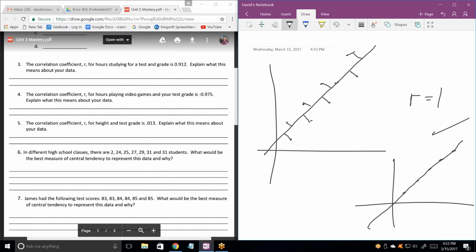In other words, the straight line does not go through all the dots. It approximates the dots. Well, the closer the line comes to going through the dots, the closer R gets to 1.